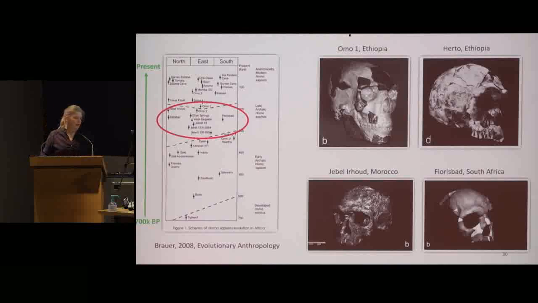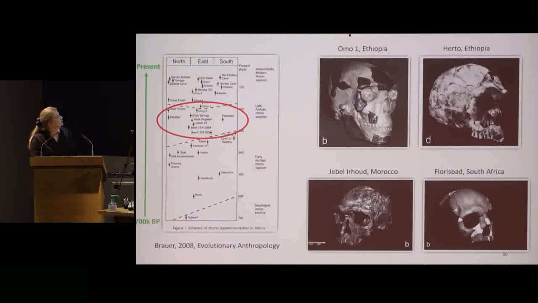And these are just the places where we have preservation of humans. In West Africa, for instance, bones don't preserve very well because the soil is very acidic. But most probably there were humans living there as well. And the archaeological record actually indicates that there is material culture of human groups living in West Africa.